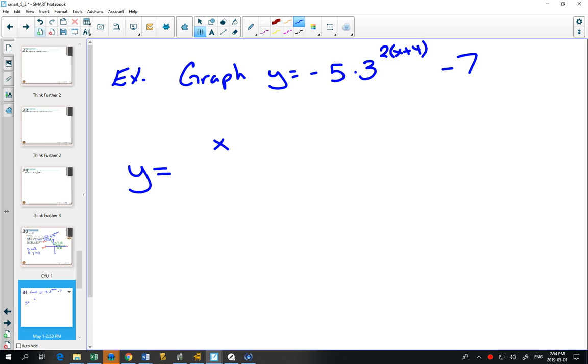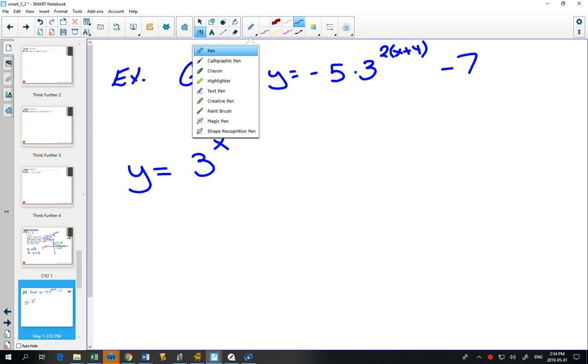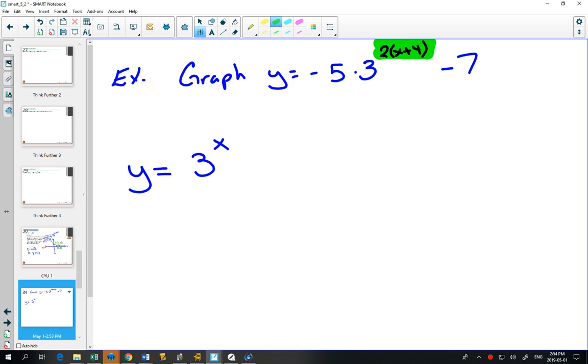That's the first thing we have to decide. Can you see that that graph has a base of 3? In fact, the exponent, which I'm going to highlight here in green, there's the exponent. That exponent is 3 to that exponent. Correct? And so off to the side, we'll quickly draw a sketch of 3 to the x.